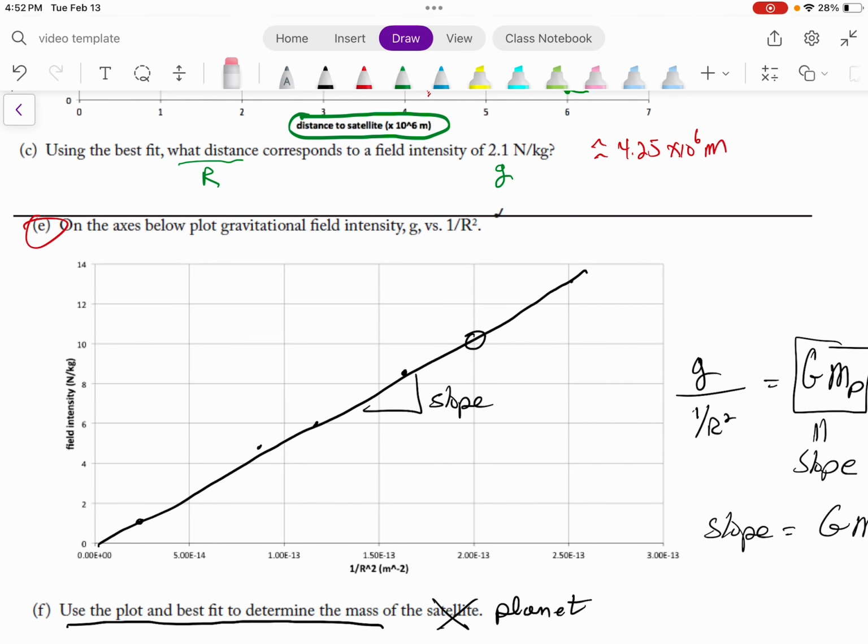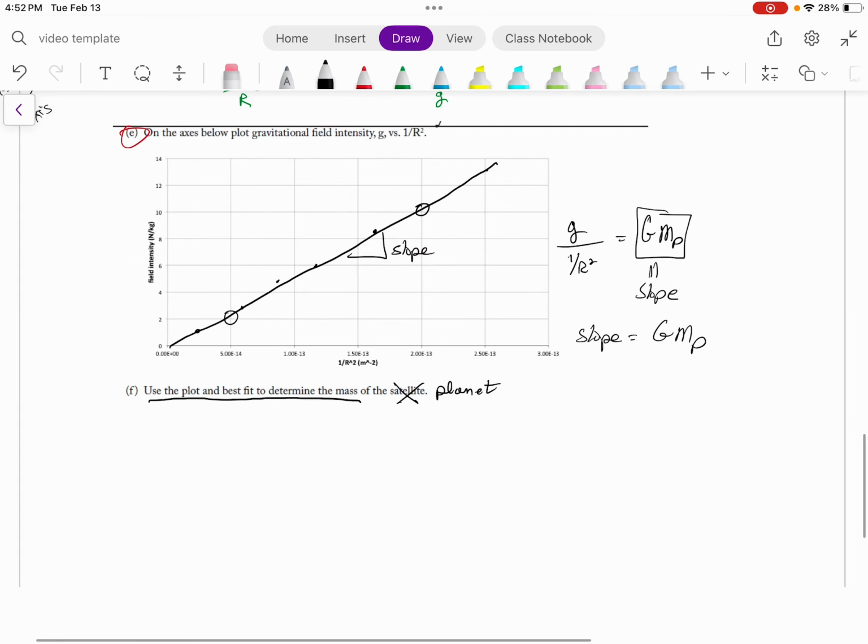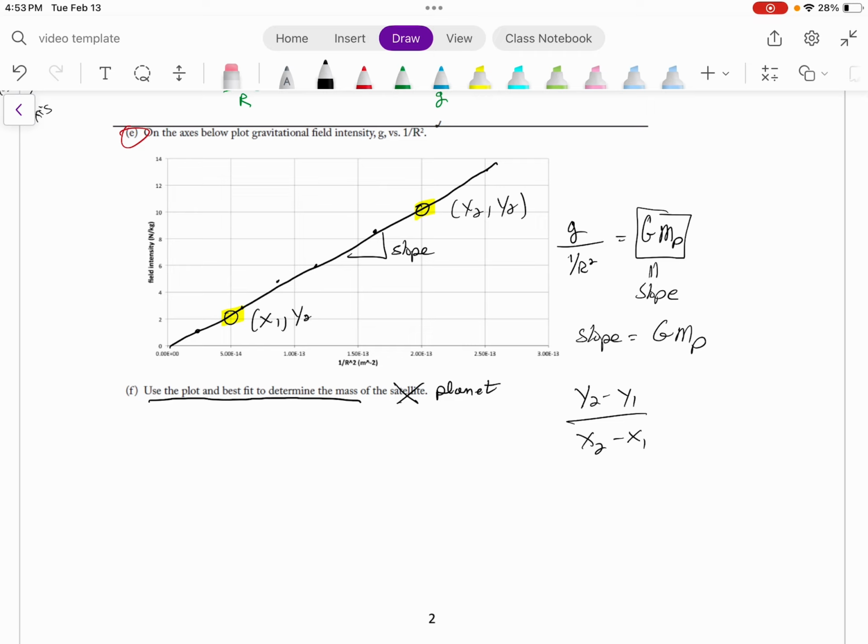Perfect. So I used something in that region. So I found the slope. And then don't forget, it's y2 minus y1 over x2 minus x1. Not the easiest thing to do. So here's my x2, y2 point, and here would be my x1, y1 point.